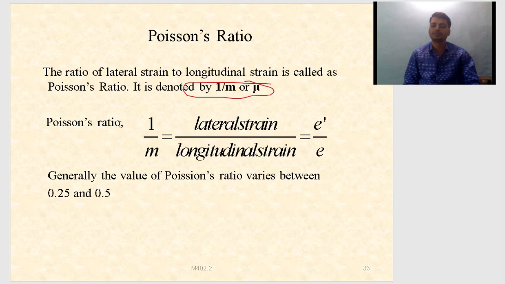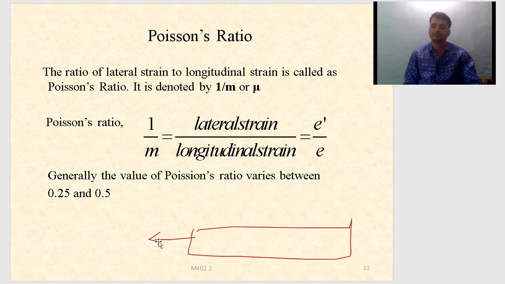What is Poisson's ratio? It is 1 by m, lateral strain by longitudinal strain. We represent this lateral strain along with longitudinal strain. This comes under Poisson's ratio: lateral strain by longitudinal strain.